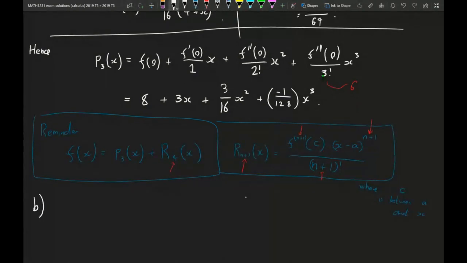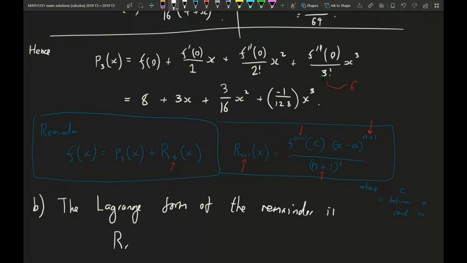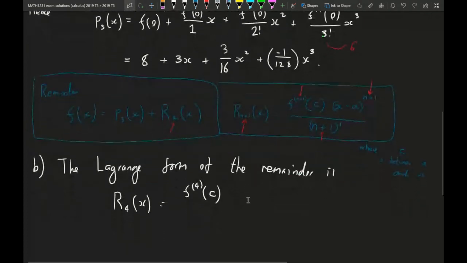So for part B, the Lagrange form of the remainder, it's called R4 of x. It is the fourth derivative evaluated at some point c, and c is not completely arbitrary.